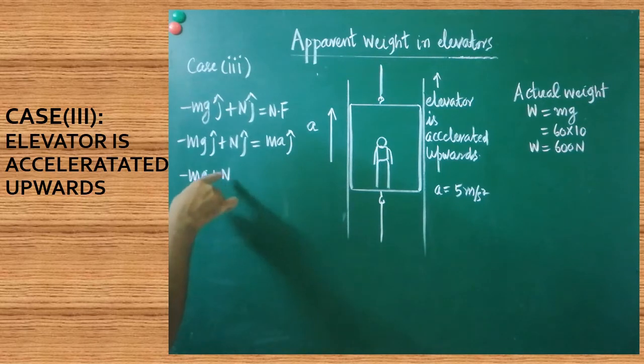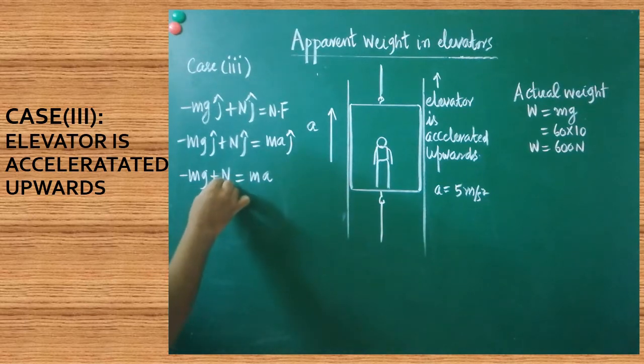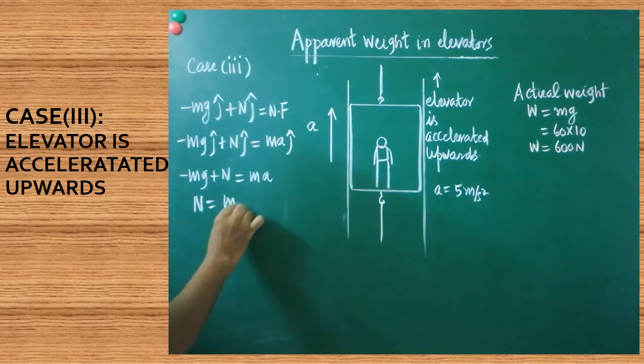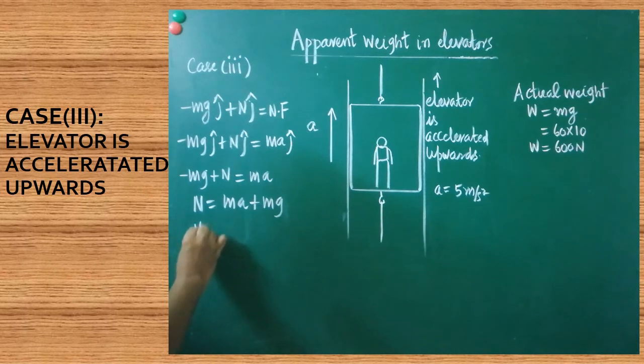Minus mg plus n is equal to ma. So in that format we can write. After that, you keep n alone on one side. N is equal to ma. If mg is brought to the other side, it becomes plus mg. So n, what is n? Normal reactional force. It is otherwise called apparent weight.